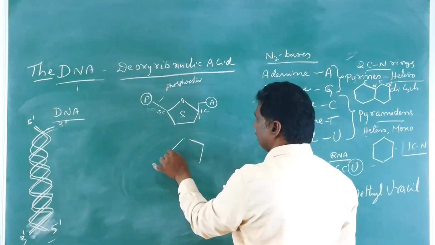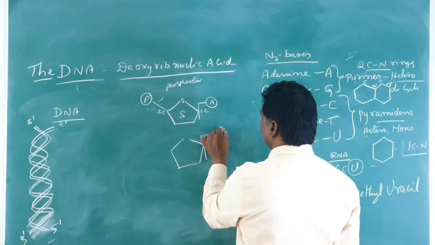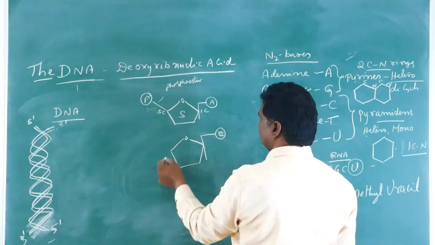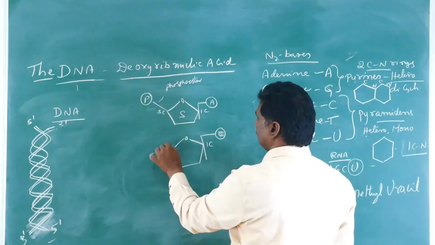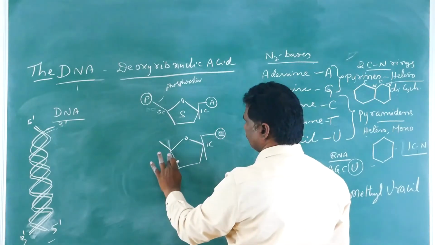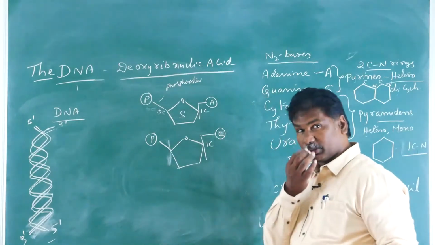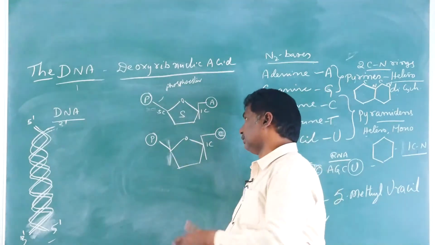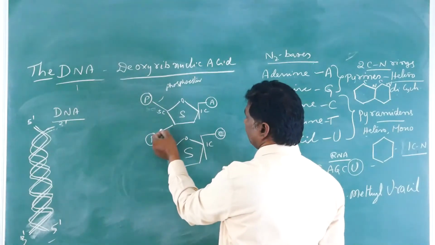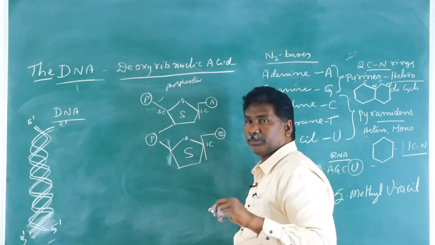Next, imagine there is another nucleotide, for example thymine or maybe cytosine. On its fifth carbon there is a phosphate. But those two nucleotides are interlinked with the phosphate.